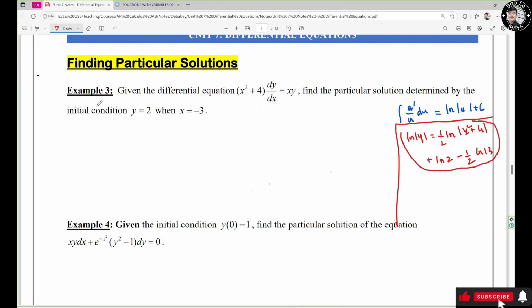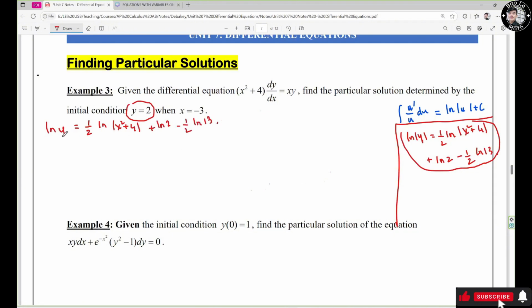Alright, so you know that the initial condition right here is positive, right? So you can eliminate the absolute value right here. So you have natural log of y equals 1/2 natural log of absolute value of s squared plus 4 plus natural log of 2 minus 1/2 natural log of 13, right?